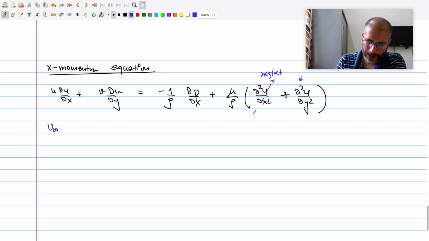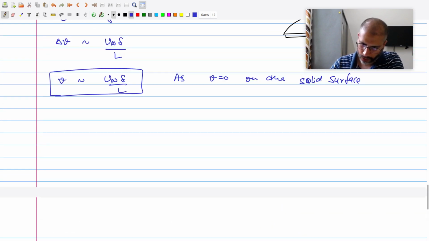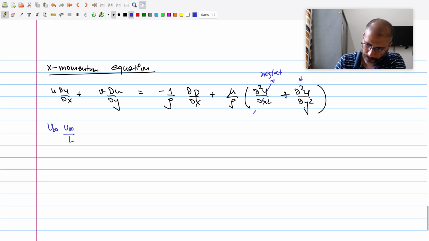The order of del u by del x is u infinity upon L. The order of v, we just found out, was u infinity delta by L. And the order of del u by del y is u infinity upon delta, because u changes by an order u infinity, and y changes by an order delta inside the boundary layer as you go from y equal to 0 to y equal to delta.